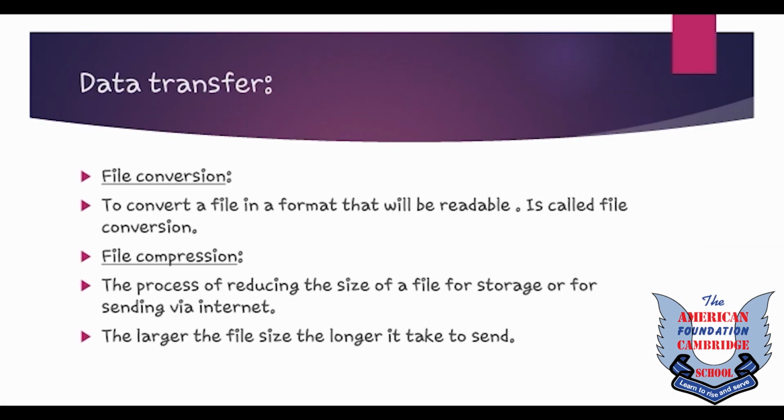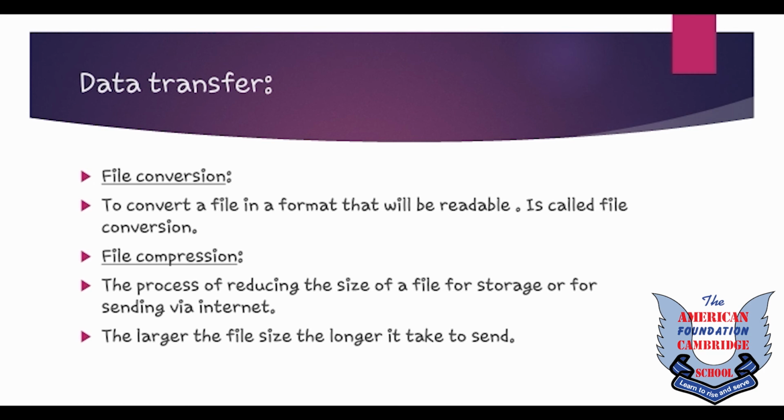The next is file conversion. File conversion is to convert a file into a format that will be readable. It is called file conversion. As I already told you, when you convert data into a form that will be understandable, this is called file conversion.